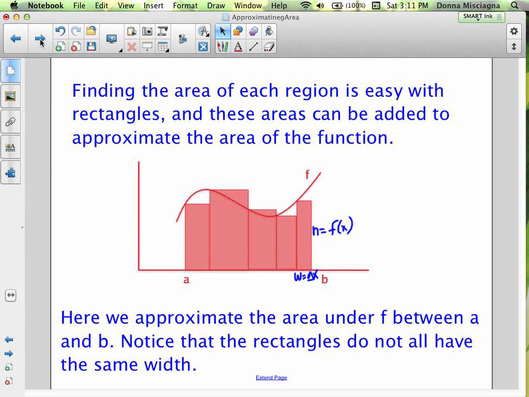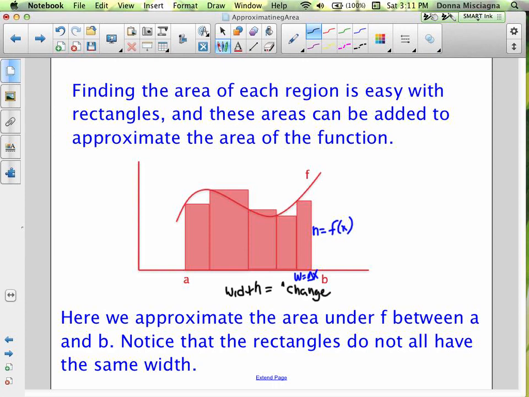So w equals the change in x, equals delta x. That just means that the width is the change in x. And the h, the height, is just the value of the function.